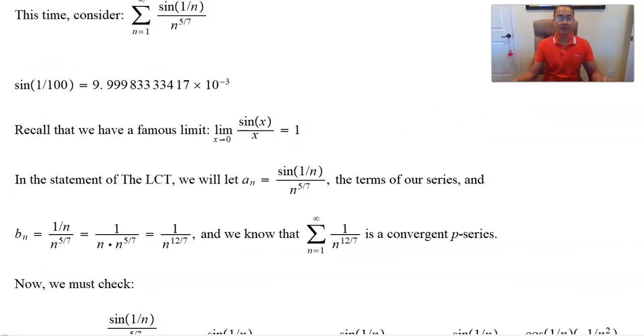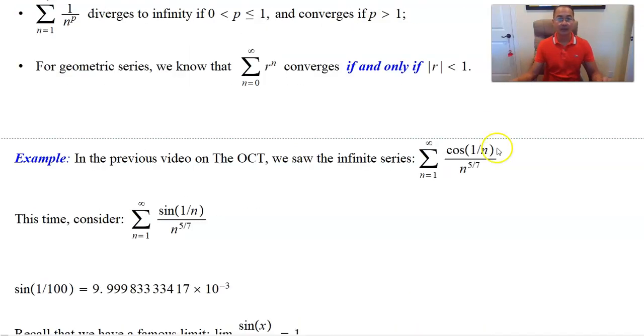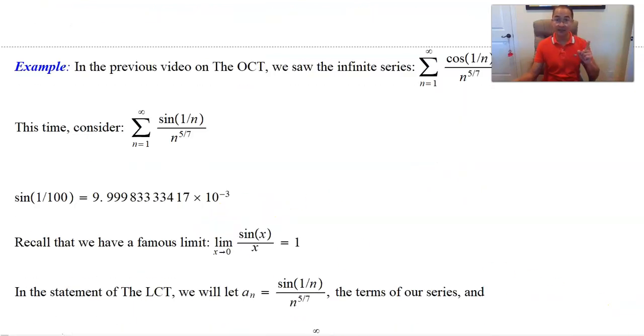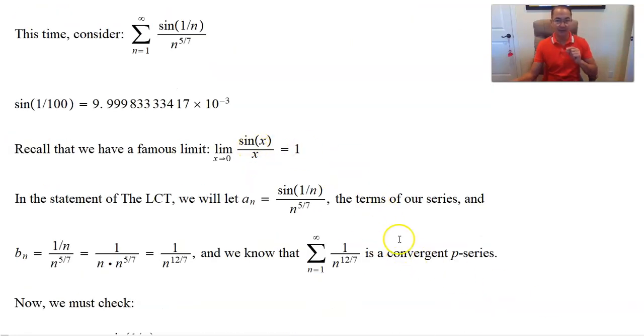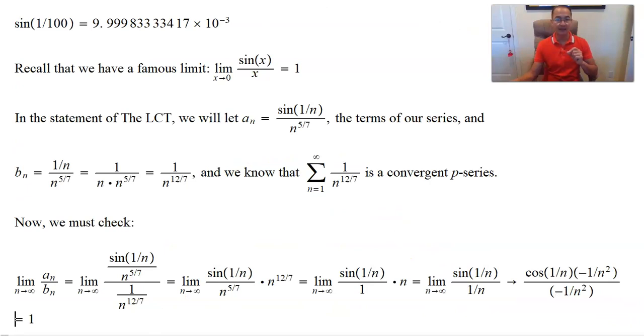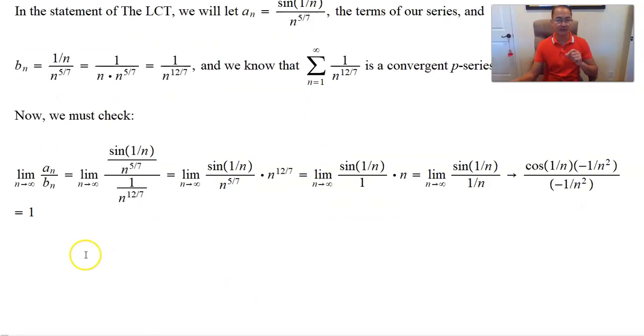So before, when we had this cosine 1 over n to the 5 over 7, that was a divergent infinite series. Replace the cosine with sine. We needed something else, a different kind of limit. We needed this, sine x over x. This time, it is a convergent series.